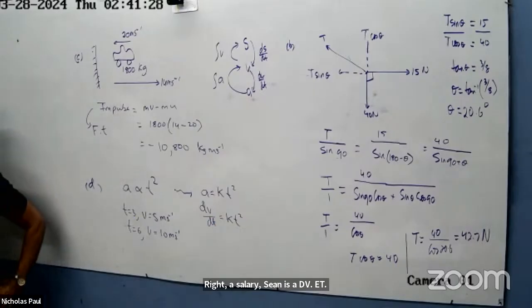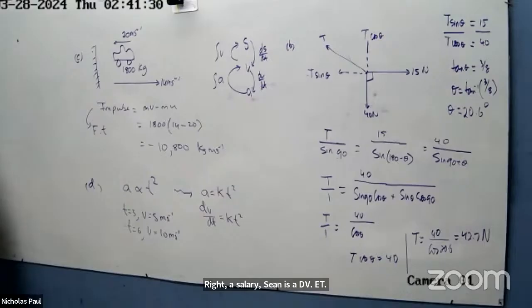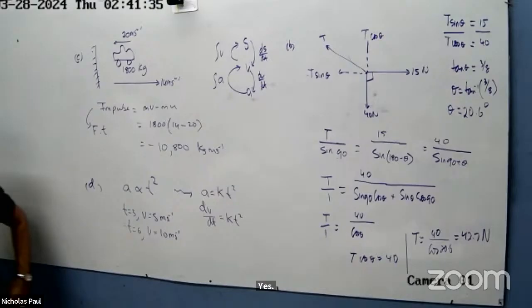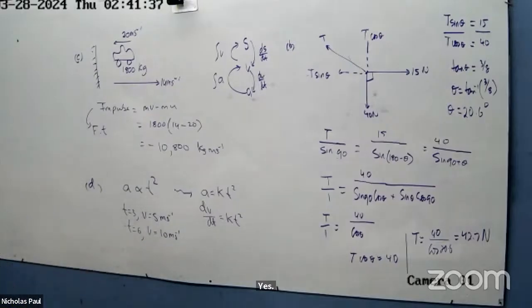So how are you going to get v? What do you have to do? You have to integrate. So integrate the acceleration. Go ahead, have fun, and use the information to get it.